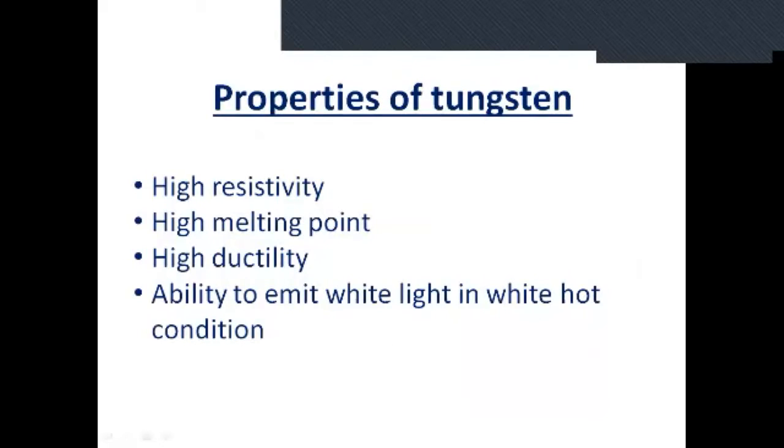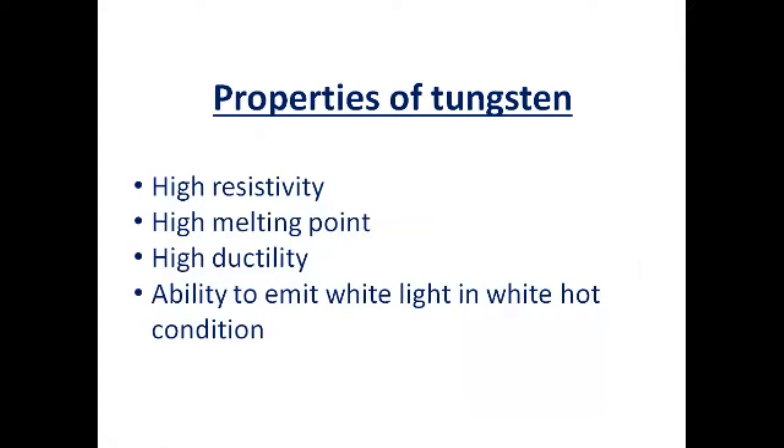Properties of tungsten: high resistivity, high melting point, high ductility, and ability to emit white light in white-hot condition. High resistivity means that if we give more electricity to the tungsten filament, it produces more heat and light.